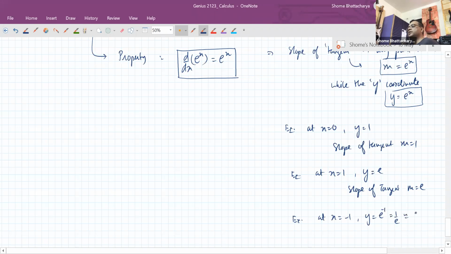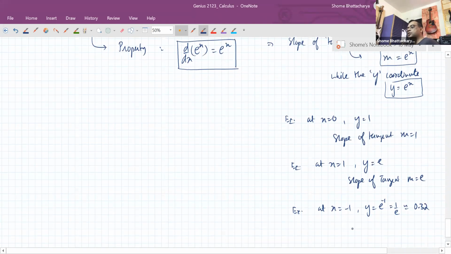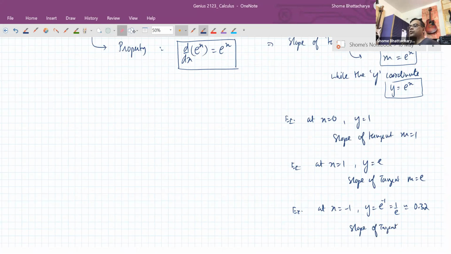We can approximate that as 0.34. So the slope of the tangent m will also be 1 by e, or approximately 0.34.